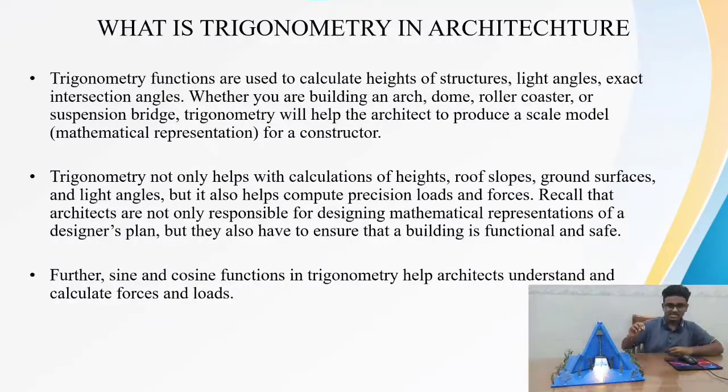So trigonometry has helped us a lot in this prototype. For example, to calculate the angle in between these two bodies, and also to position these bulbs in this prototype. Trigonometry not only helps with calculation of heights, roof slopes, ground surface and light angle, but it also computes precision, loads and force.